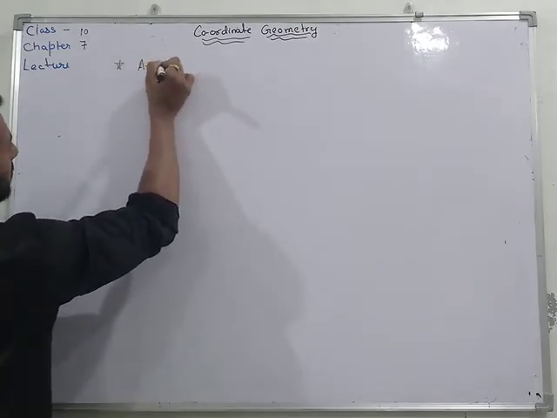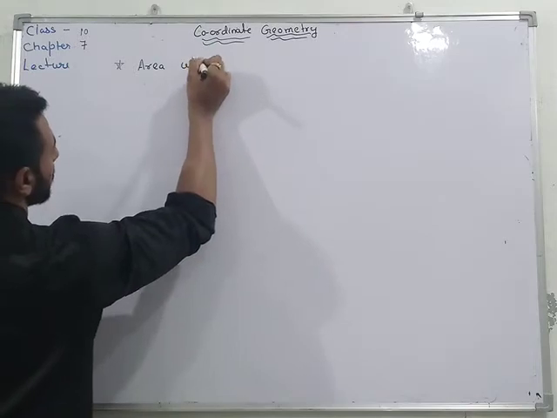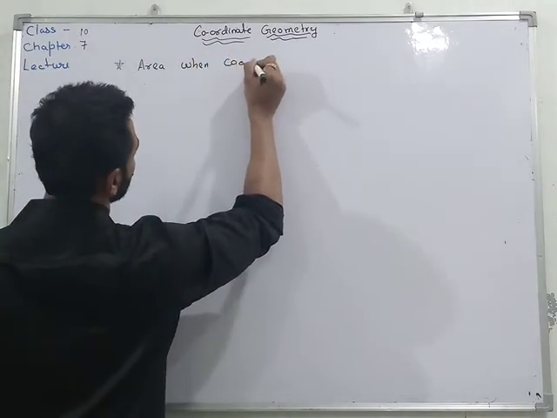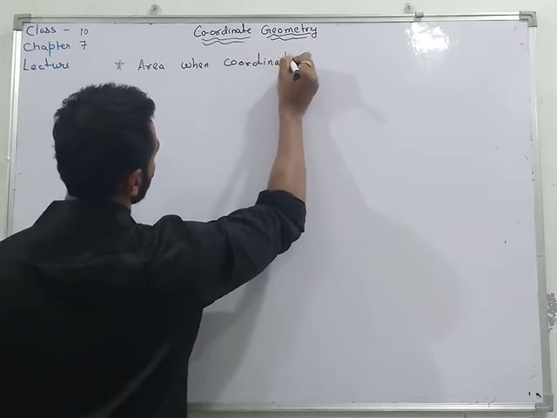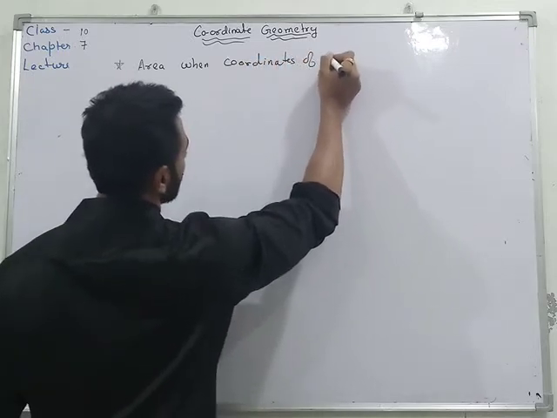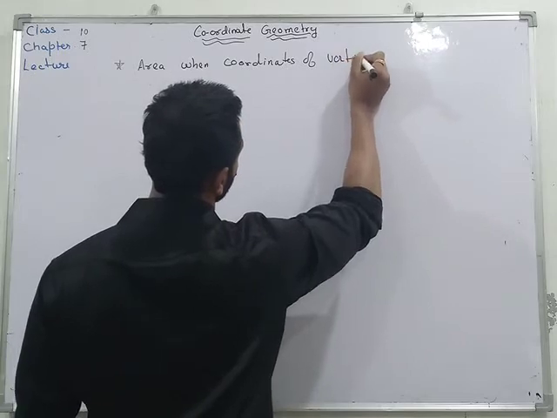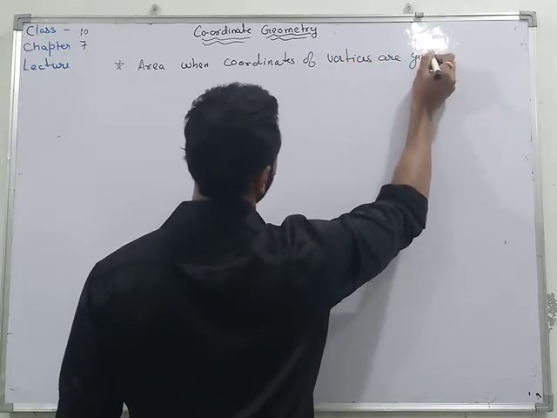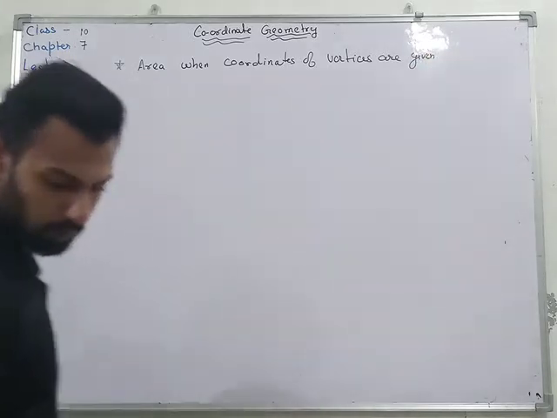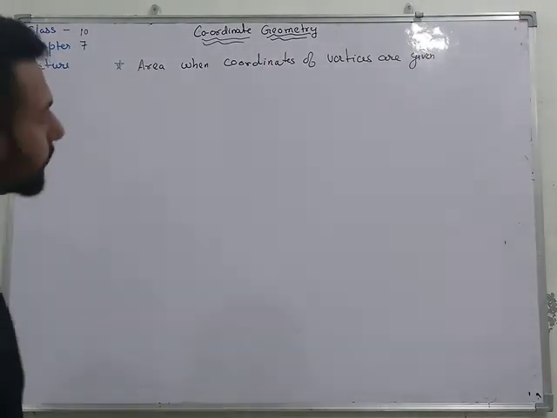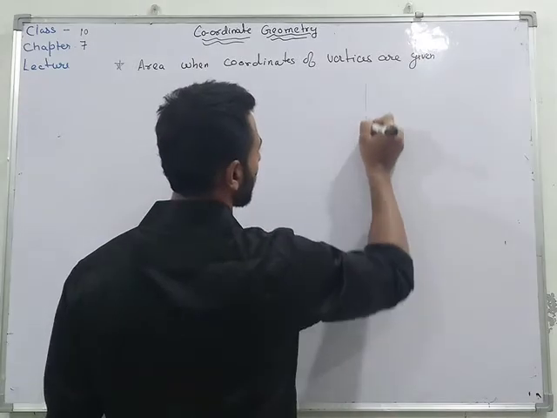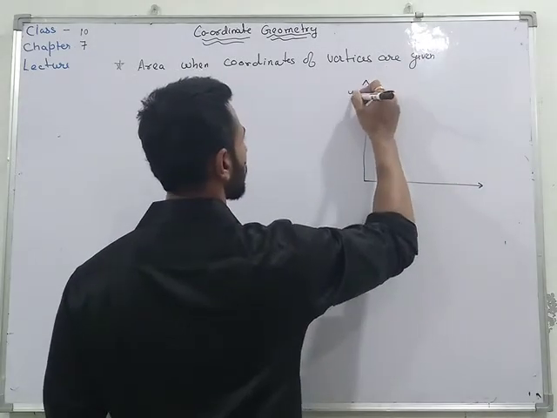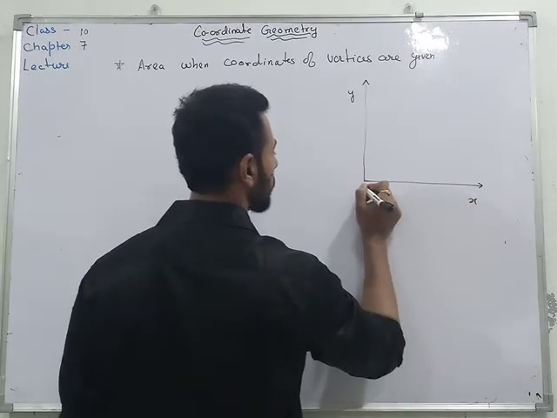Find the area when the coordinates of vertices are given. So we have a coordinate axis. This is y, this is x, this is the origin.